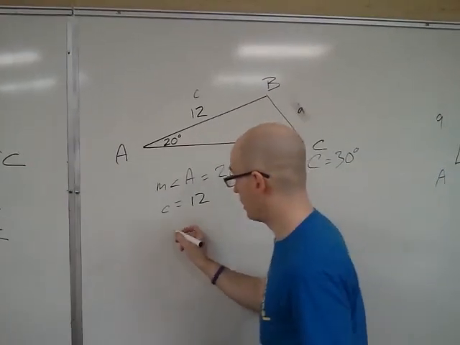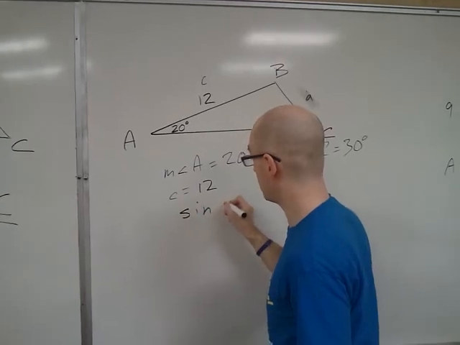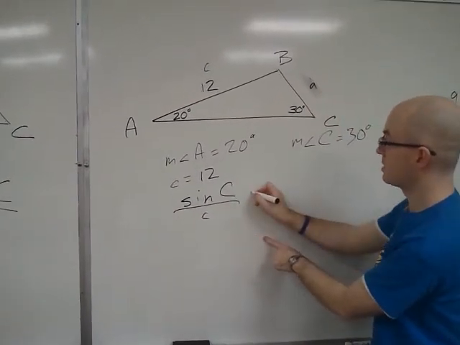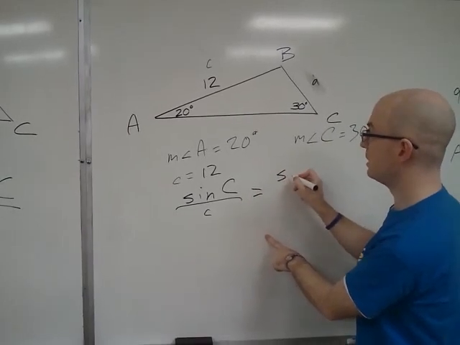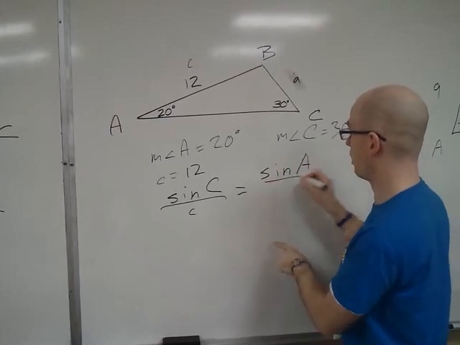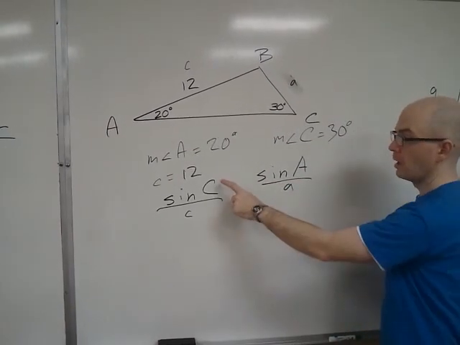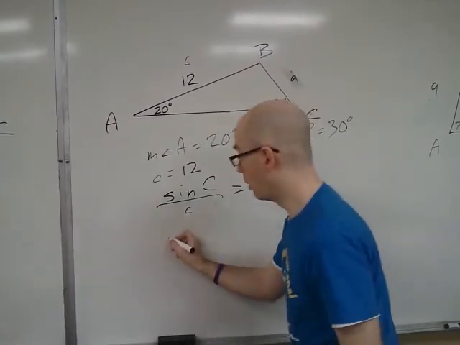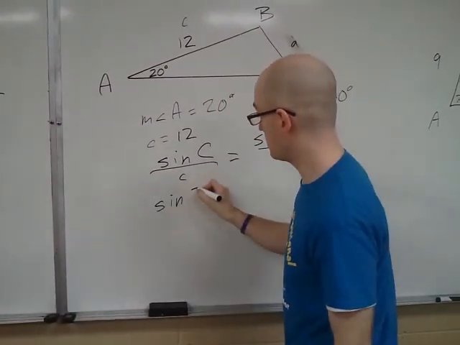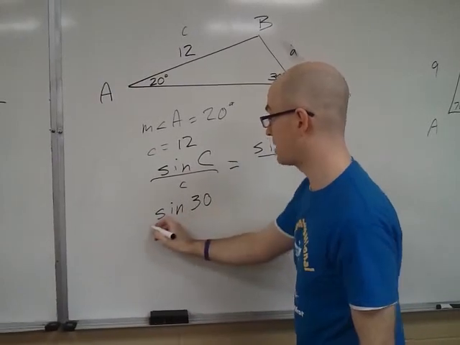So let's set it up. We're going to do sine of big C, because we know big C, over its opposite, little c. This is going to equal the sine of big A over little a. Now we plug in. We chose the C because we know it. C is 30 degrees, so we have the sine of 30.